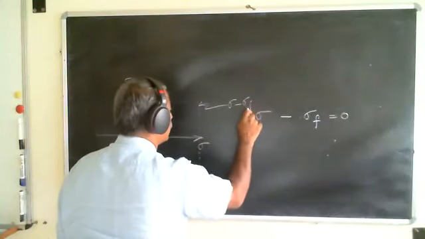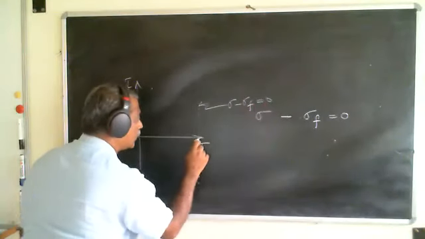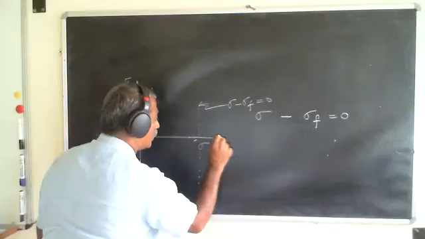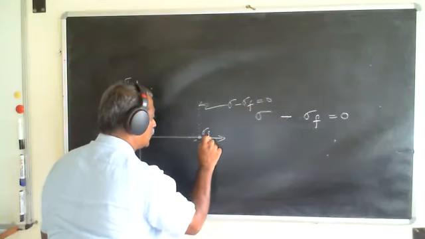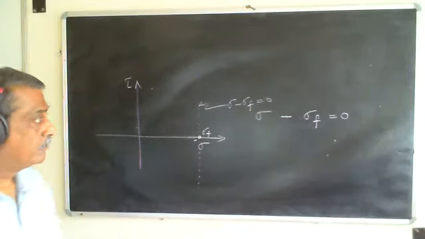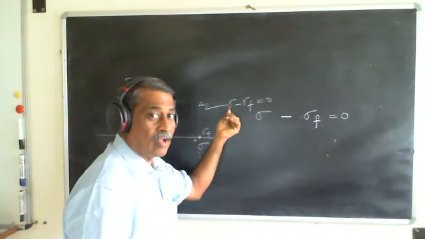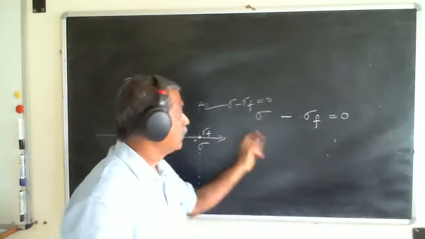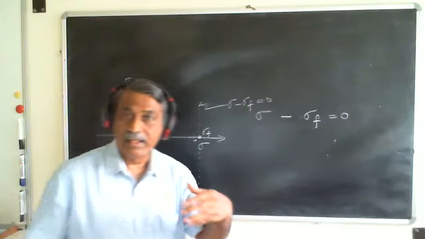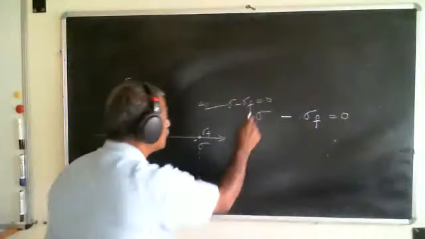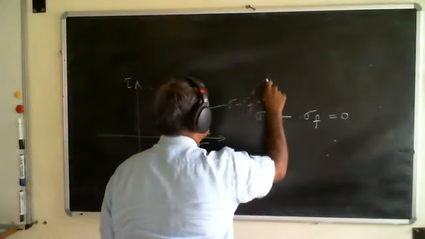Sigma minus sigma f equals 0, and this point is the value sigma f. Mind you, sigma is the normal stress that is applied, whereas sigma f is the property of the material. So this defines the strength of the material.